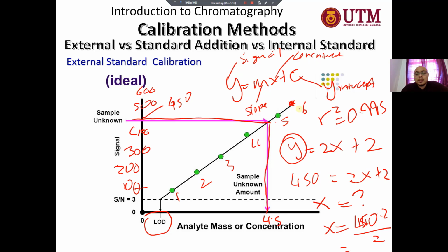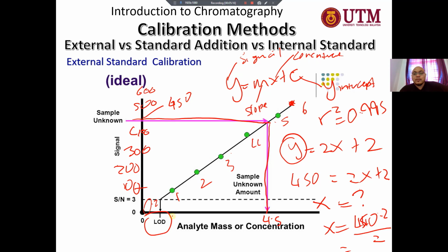When you do the LOD determination, the LOD value must be below this range. For example, the LOD value must be below 1 ppm. You get maybe 0.2 ppm. That is okay. But if your LOD is inside the calibration curve range, for example, you get 2.3 ppm, that means there is something wrong with your calibration curve or calculation of LOD.